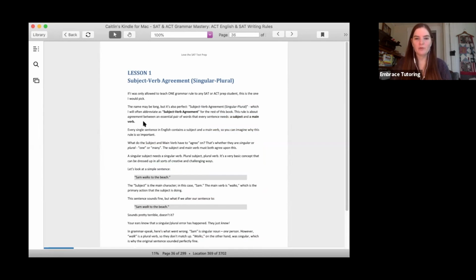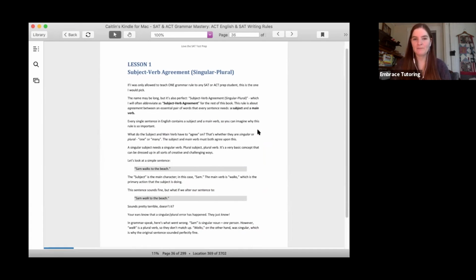We looked at what subject verb agreement is, and that you need a subject and a main verb. So a verb that is essentially the predicate, the main part of the predicate. Okay, so the main action in the sentence ultimately. And we also discussed how you can have a singular or plural subject, and you can have a singular and plural verb.